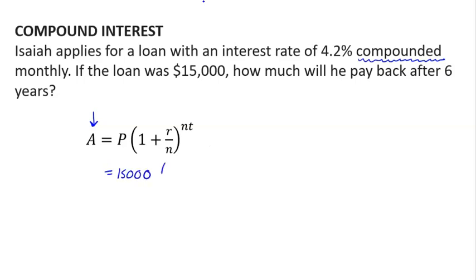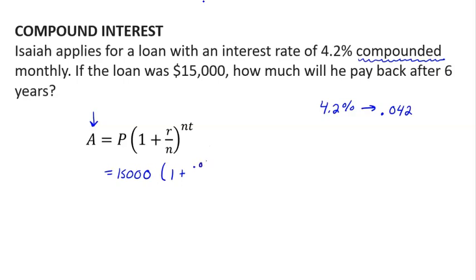That's our starting point, times 1 plus, and then our rate is 4.2%. And that's going to give us 0.042. In your calculator, just put 4.2% divided by 100, and that's going to give you 0.042.